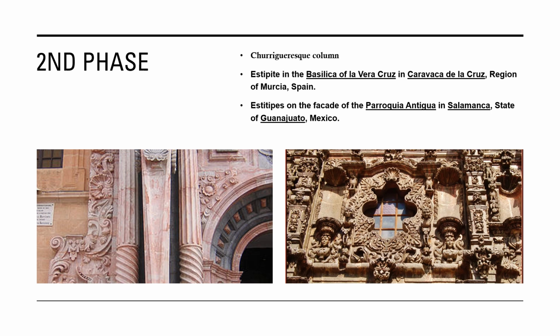The estepit in the Basilica de la Vera Cruz in Caravaca de la Cruz region in Murcia, Spain, and the estepits on the facade in the Parroquia Antigua in Salamanca, state of Guanajuato, Mexico. This is what a Churrigueresque column looked like.